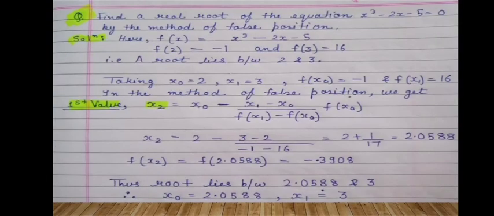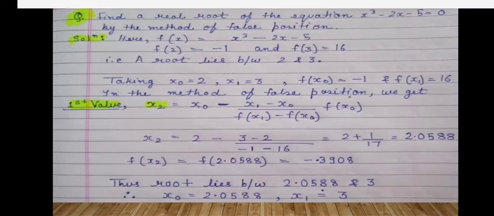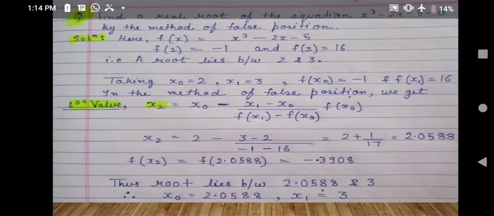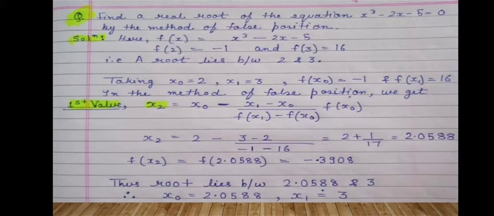Now one example of using the regula falsi method: here we have x cubed minus 2x minus 5 equal to 0, and we have to solve this equation and get the required approximate value.